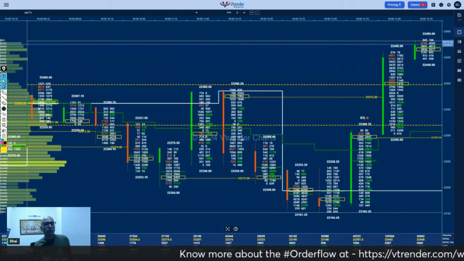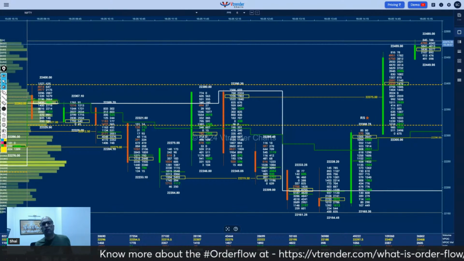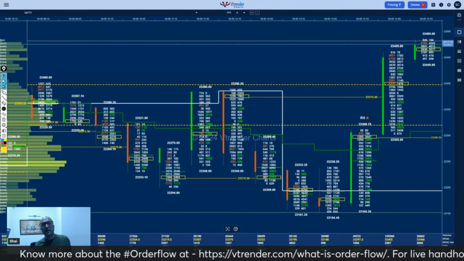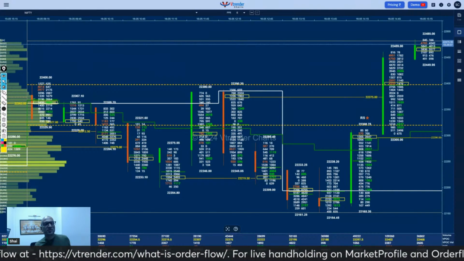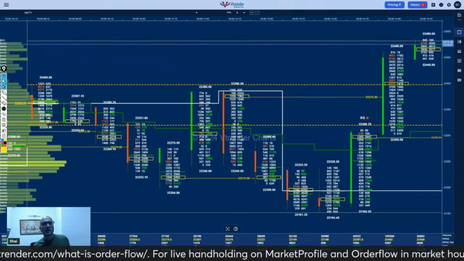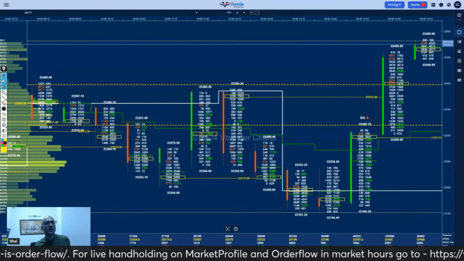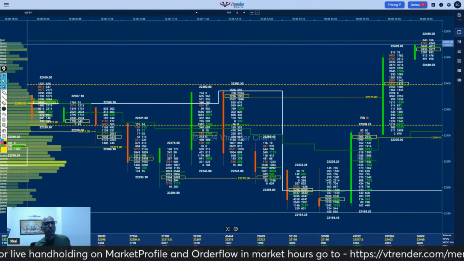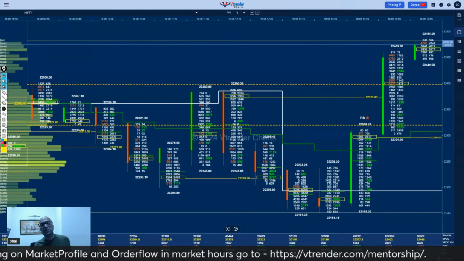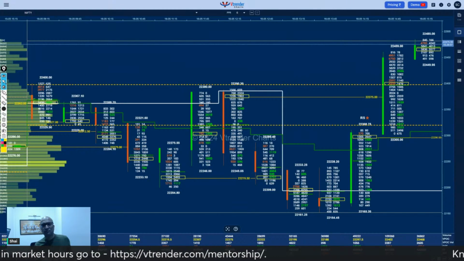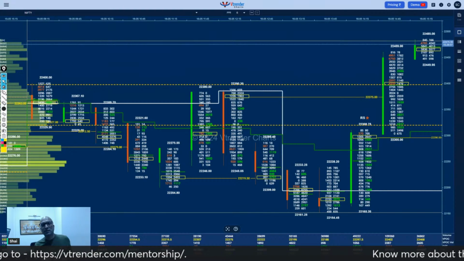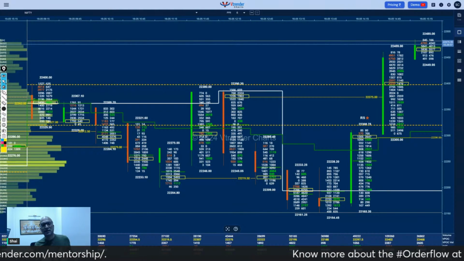Now, for those of you who are seeing an order flow chart for the very first time, you'll see a bunch of numbers on your screen, and those numbers are essentially created by buyers and sellers. The instrument we're looking at on screen is the Nifty futures, and you'll see a series of green fonts, some white colored numbers, and some red colored numbers.